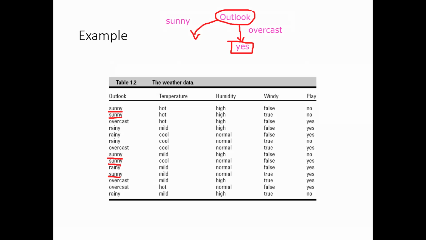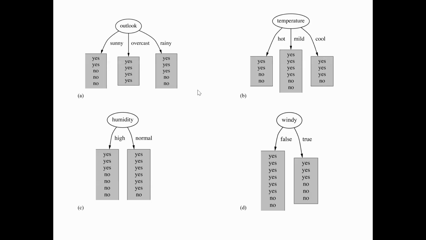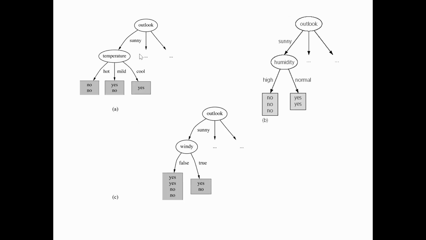A small question for you. Which attribute do you think is best to put in this place? Is it temperature? Is it humidity? And is it windy? Right. Given that we have selected Outlook, we'll look at the next step.